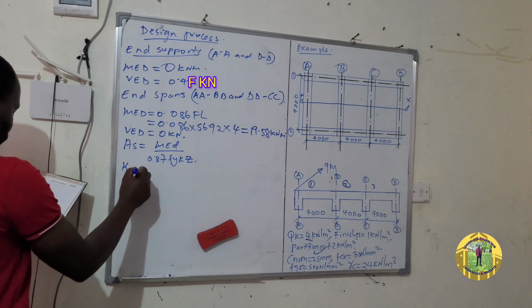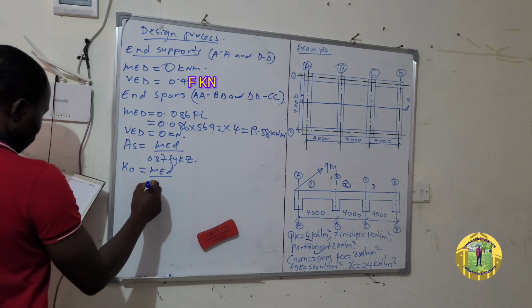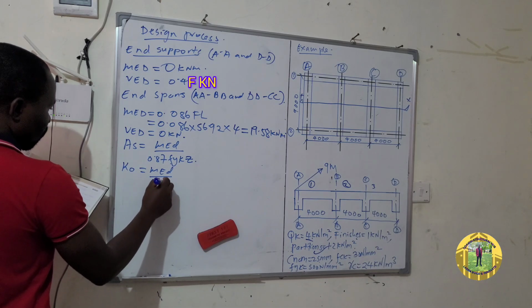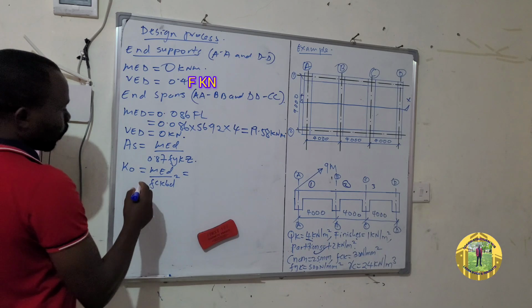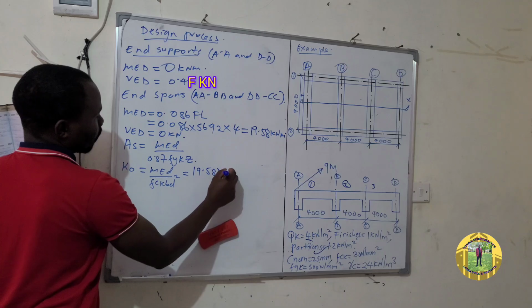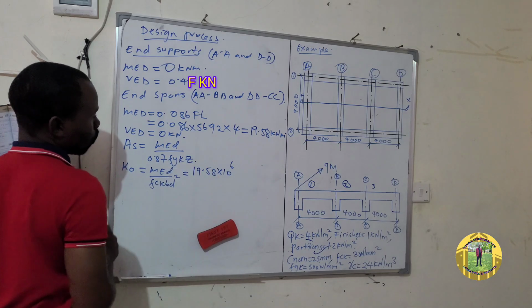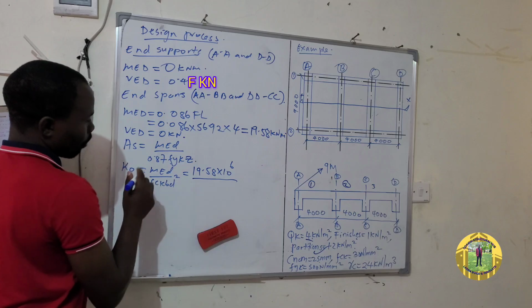K naught is equal to MAD all over FCK BD square. So this one is equal to MAD, which is 19.58 times 10 to the power of 6, changing it from kilonewton meter to Newton millimeter, all over FCK.